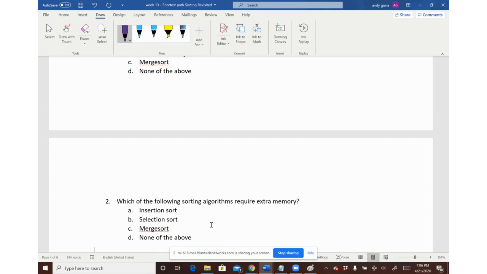I should say linear memory, order of linear memory.